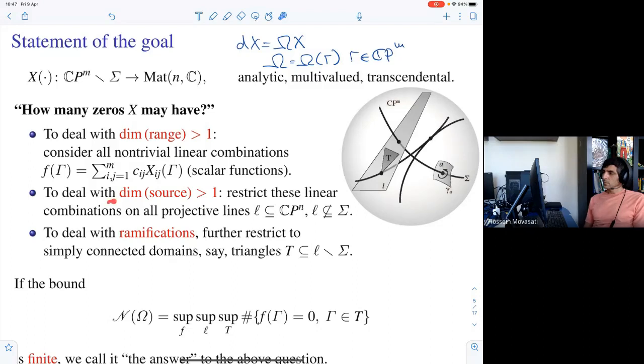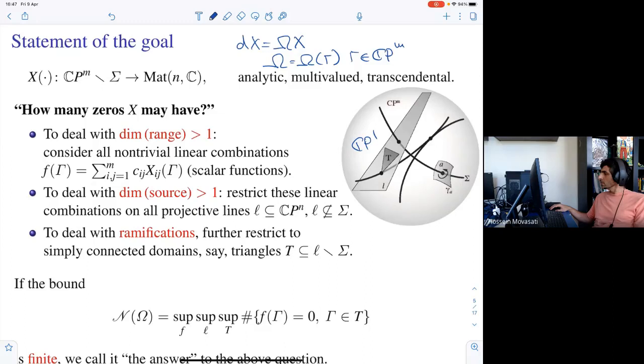To deal with the problem that the dimension of the source space is greater than one, I just take all possible one-dimensional projective lines. So I can arrange them in pencils so that all of them pass through the same point.